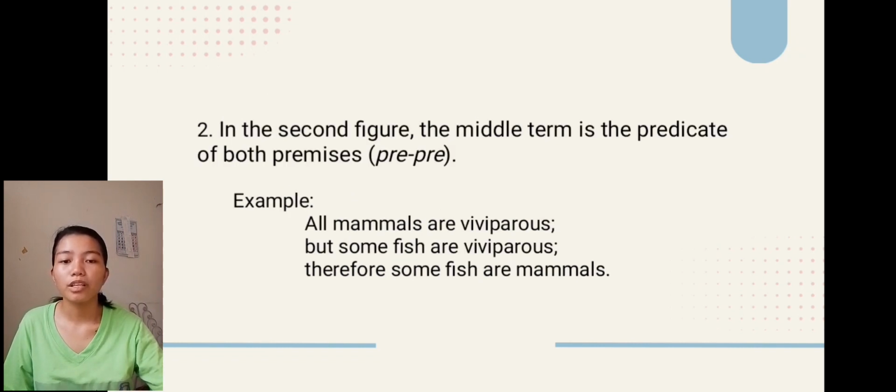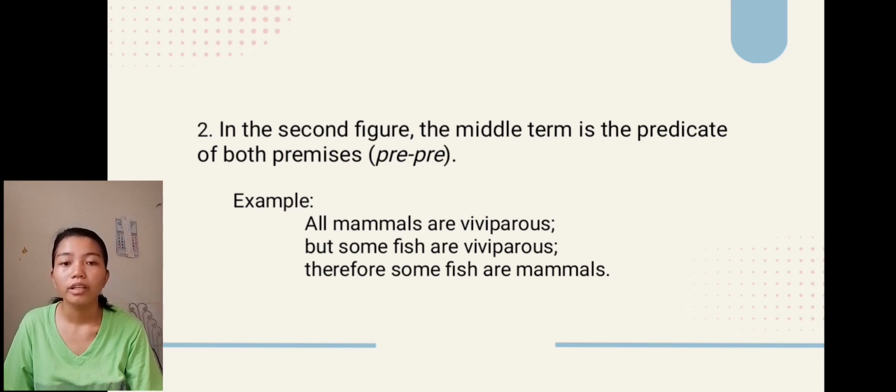Let's now come to the second figure, in which the middle term is the predicate of both premises. In the moods, the major premise is universal affirmative A or universal negative E. In the minor premise, I, A, O, E, all the moods are present.